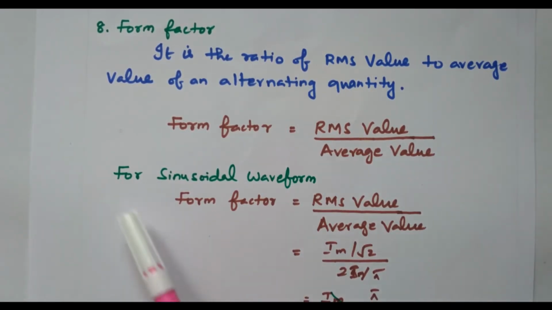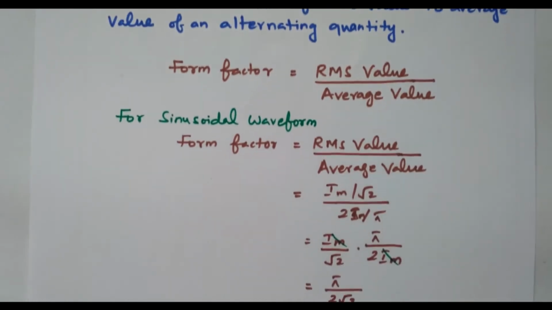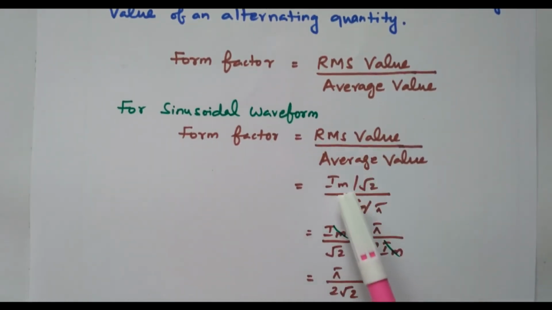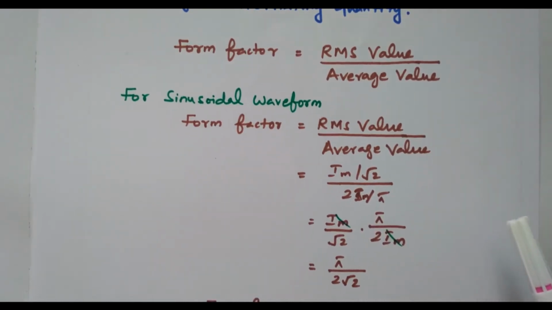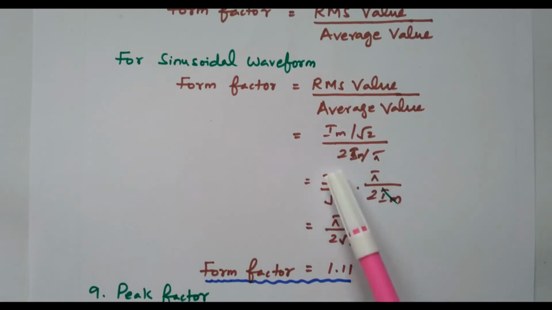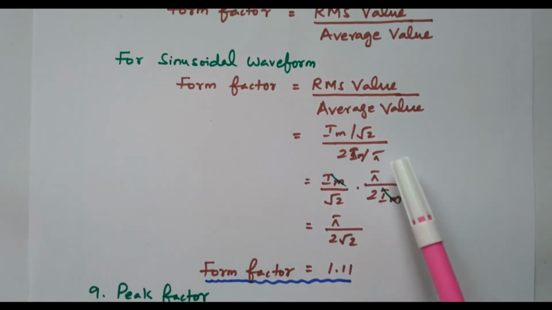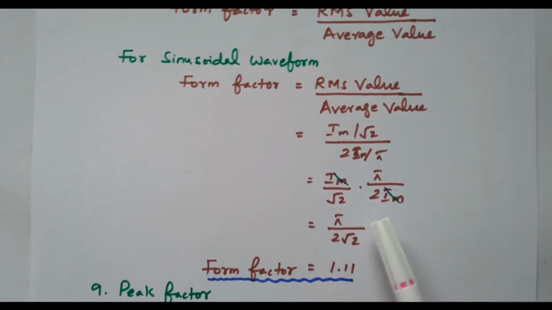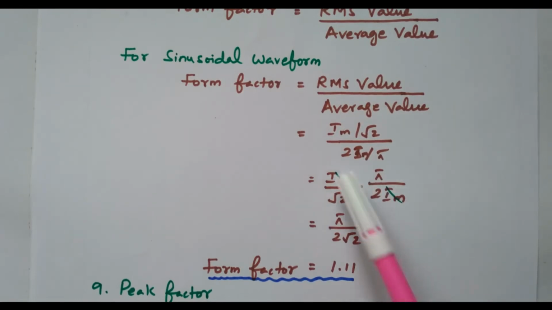Now we'll substitute. For sinusoidal waveform, form factor equal to RMS value by average value. Now we calculated RMS value is Im by root 2. Average value is 2 Im by pi. Right. So that it is Im by root 2, and while going to the numerator, it becomes pi divided by 2 Im. So this Im got cancelled.